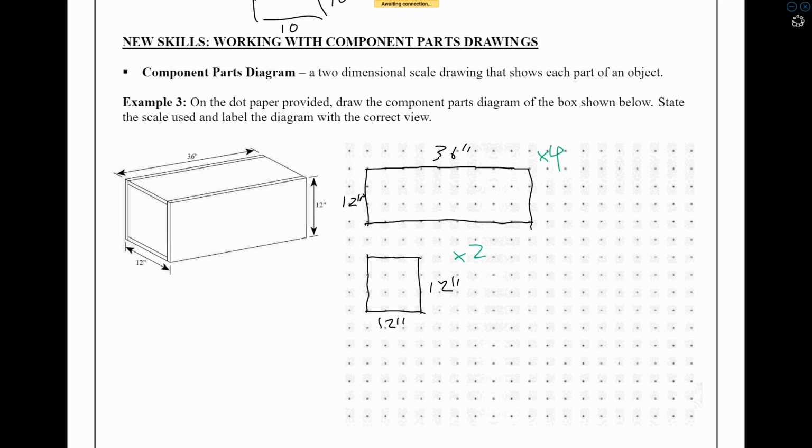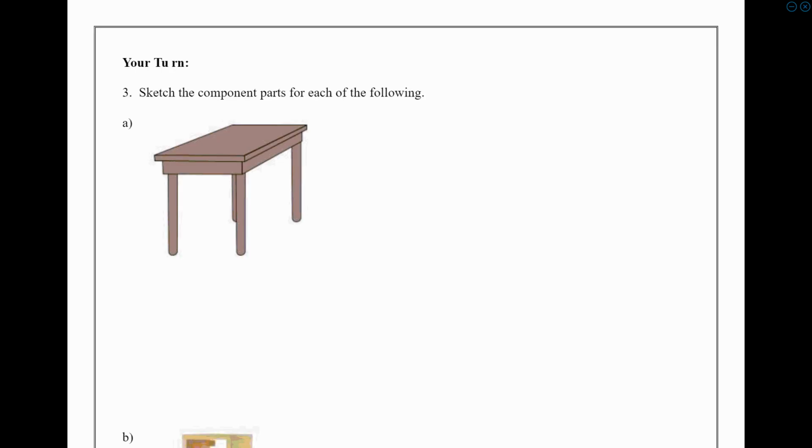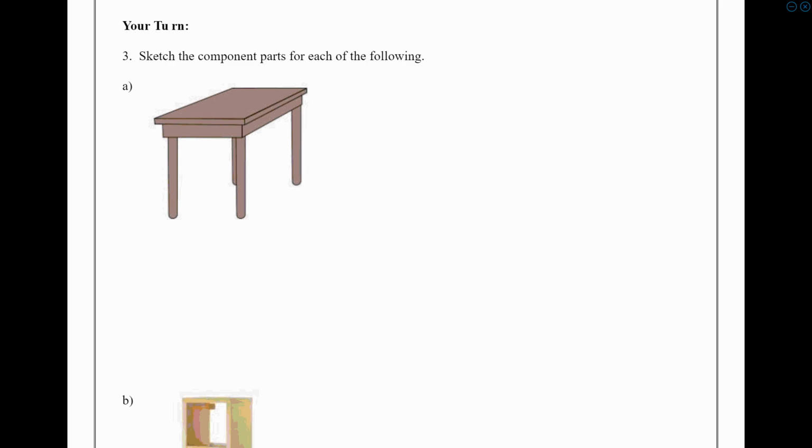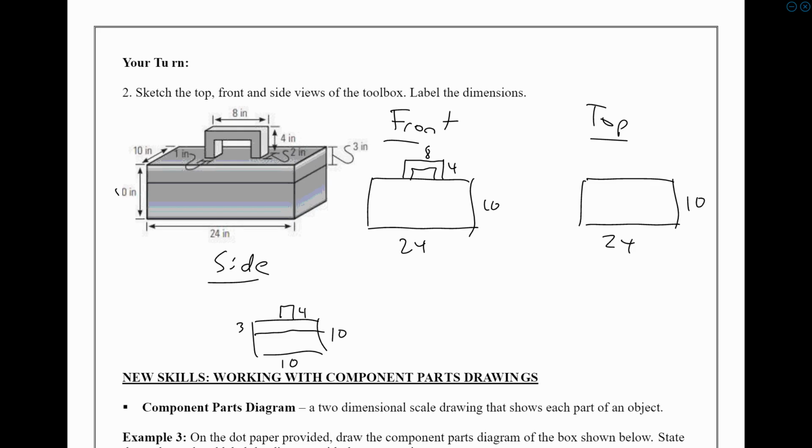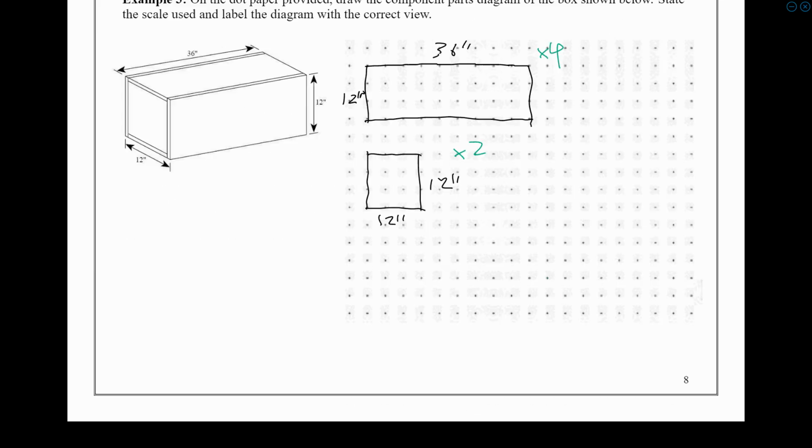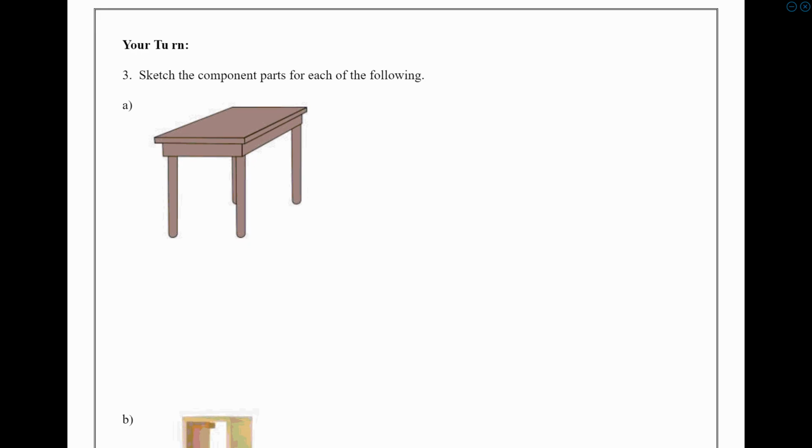So let's take a look at this next one. It does say your turn, but I kind of want to do this first one. So let's think about this shape. First of all, there's that tabletop.